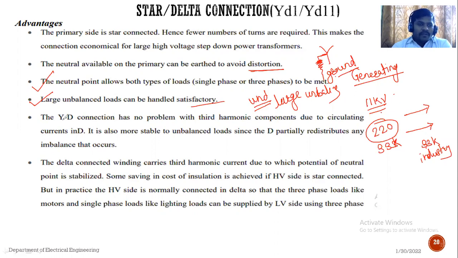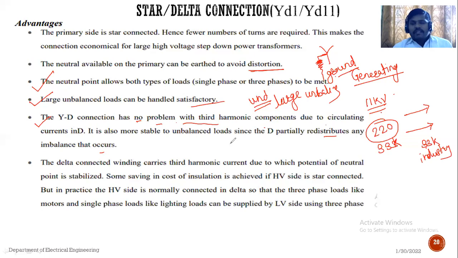Now the star delta connection has no problem with third harmonic component due to circulating current in the delta. It is also more stable to unbalanced load since the delta practically redistributes any imbalance that occurs.